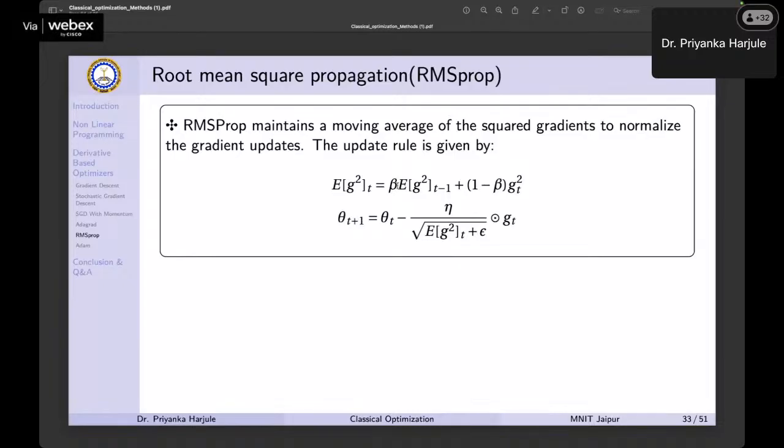So why use a moving average? The goal is to prevent oscillations in the steep directions. Suppose you have a loss surface which is very steep only in the y direction, but not that steep in the x direction.